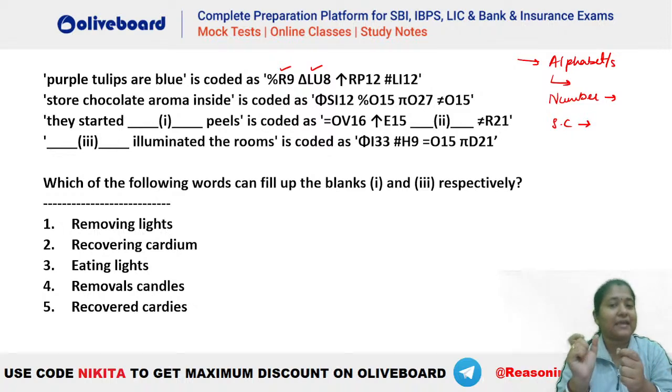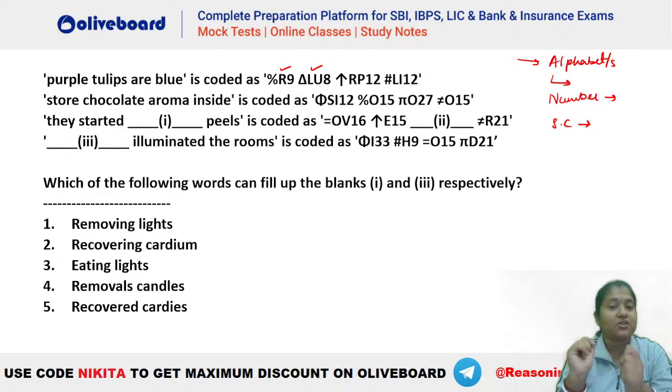Because we are taking the middle value of the particular word, right? So whenever you are taking the middle value of a particular word, that means we are talking about the number of letters. If the number of letters is even, we will have two letters in the middle. If it is odd, we will have one letter in the middle, isn't it? So it depends on the number of letters or the word length of that particular word, isn't it?